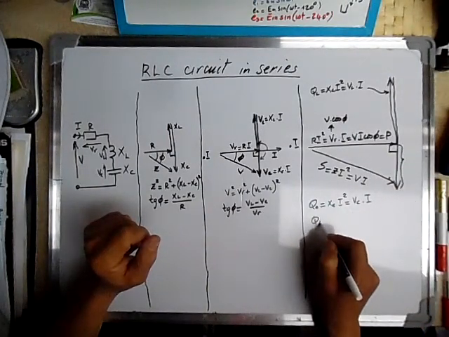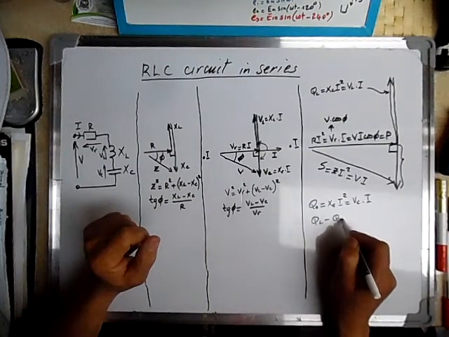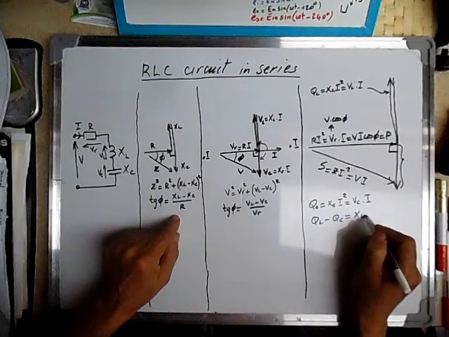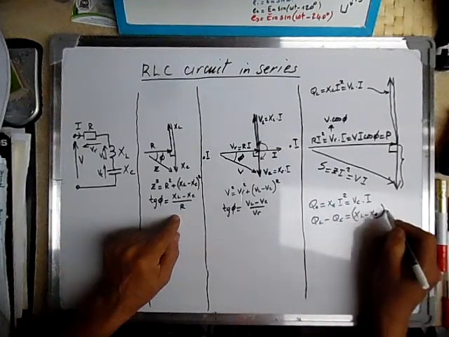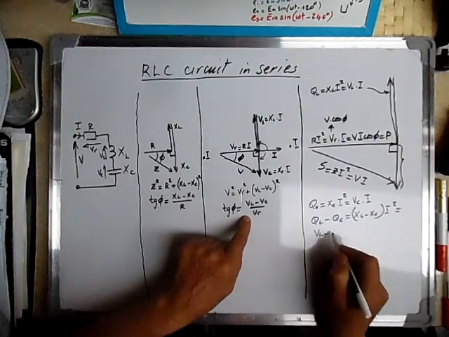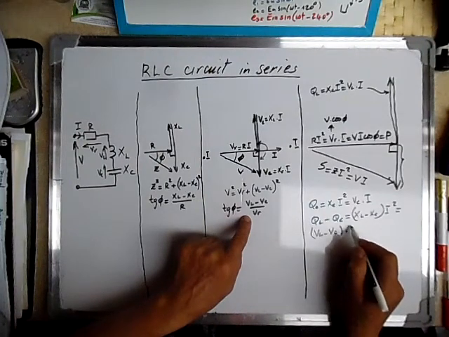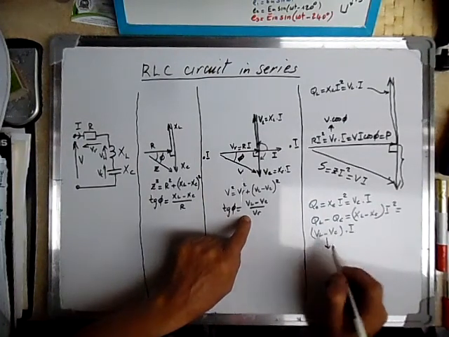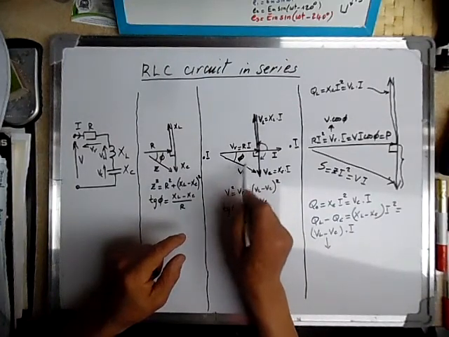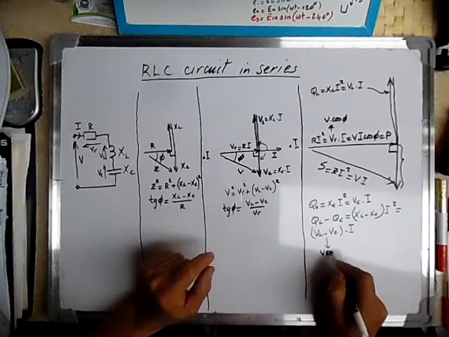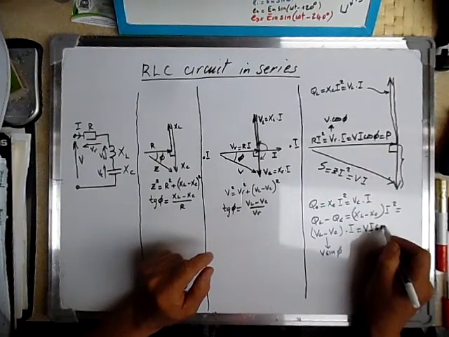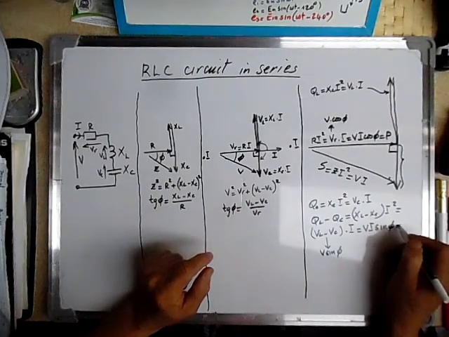This is QL minus QC, and is equal to the difference here times I squared, or it's the difference of voltages times I. And this difference, which is here, it's V times sine phi. V times sine phi.